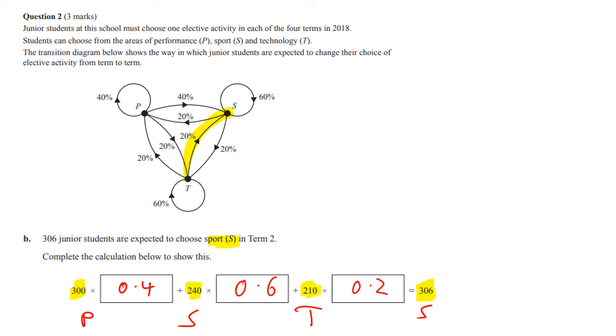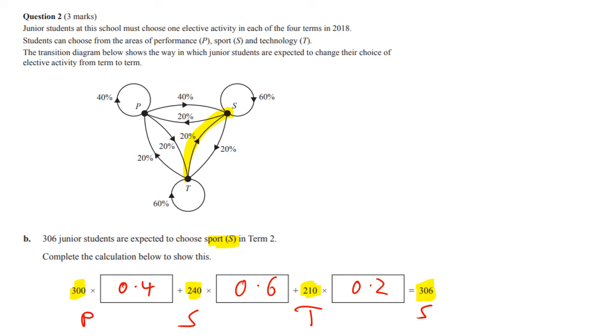So if you do actually check that on your calculator, and what I love about this question is, if you get the 0.4, the 0.6, and the 0.2 wrong, one of them wrong, it won't equal 306. You've got a self-checking question. If you don't get 306 with your values of 0.4, 0.6, and 0.2, then you've made a mistake and try again. Okay?